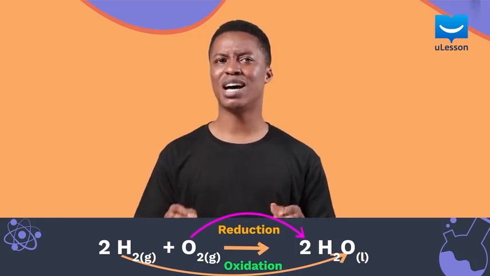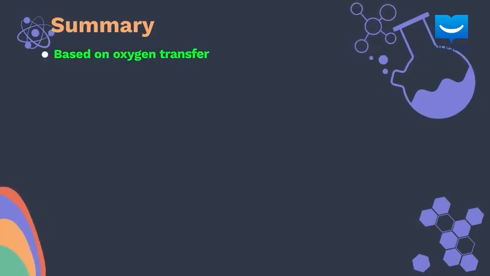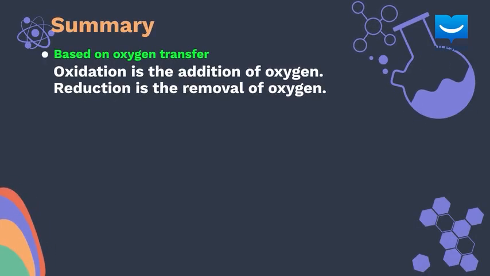I believe that you can now define redox reactions based on oxygen transfer, hydrogen transfer, and the transfer of electronegative and electropositive elements. In case you've forgotten, based on oxygen transfer, oxidation is the addition of oxygen to a substance, while reduction is the removal of oxygen from a substance.